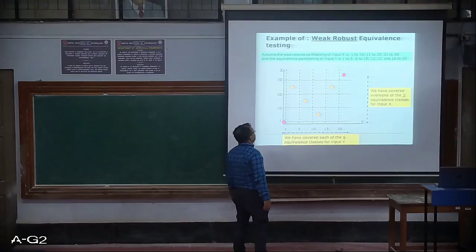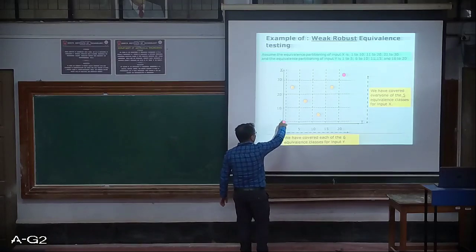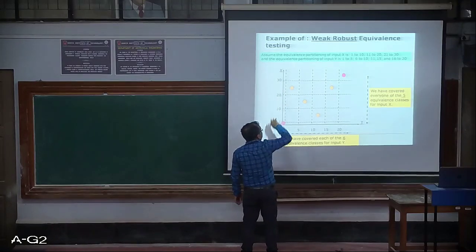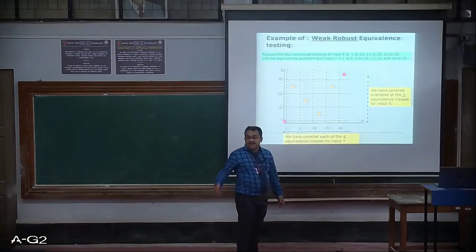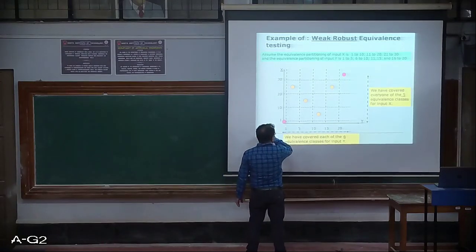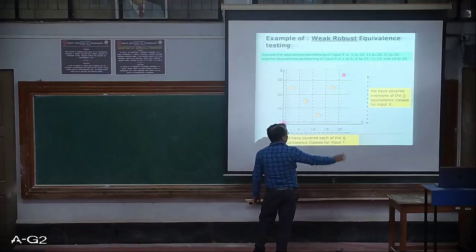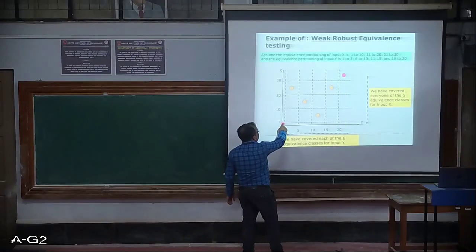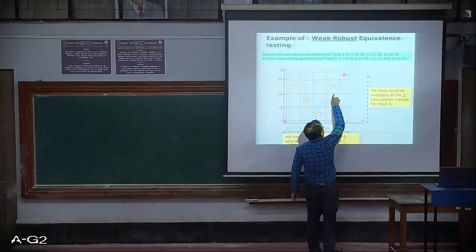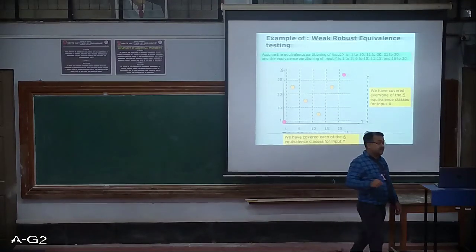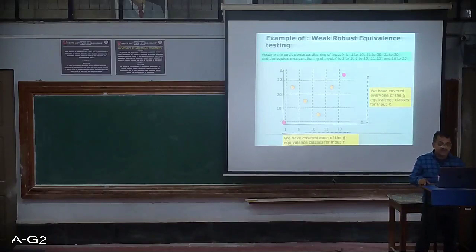For the X values, we have 1 below and 1 above, that is the invalid ranges. Similarly for the Y ranges, 1 on this side and another on that side in the invalid ranges. The pink color dots you can see are in the invalid range. So these values also need to be tested. This becomes robust equivalence testing.